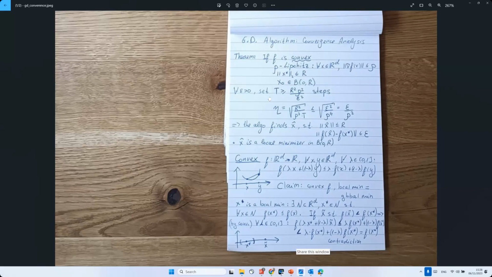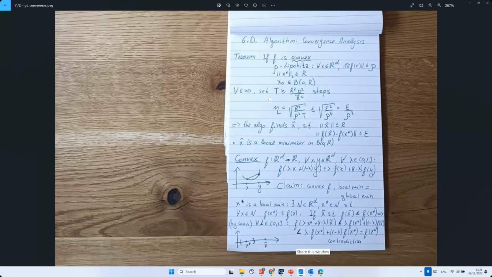So how do we do that? Let's assume by contradiction there is such a point, X tilde, such that the value of F at X tilde is strictly less than the value of F at X star. And we show that it cannot be true. Why? Because we know that F is convex.